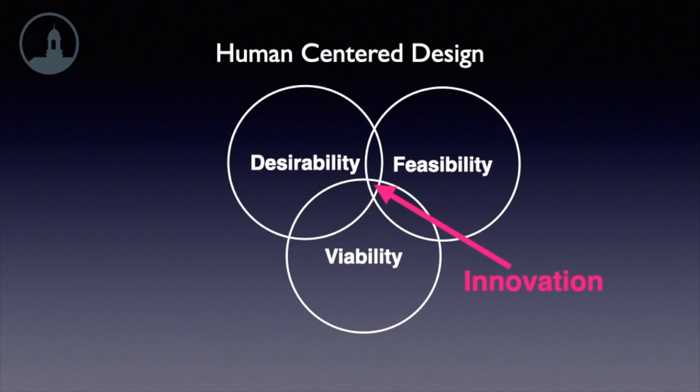Feasibility is if it's possible, if you can actually make it using current technology and the tools that you have. And viability is whether it can be produced, marketed, or sold in a business framework, although we don't focus too much on that aspect in this class. When we get all three of these, this is where we have innovation and we can innovate.